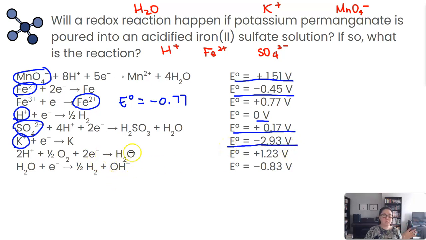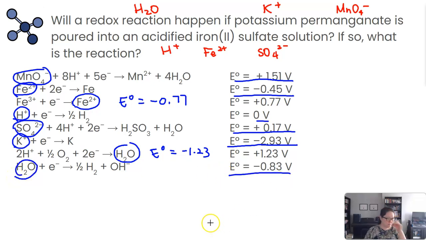The next two are for water, and your water is on the right, so we're actually looking at an E naught value of negative 1.23. And for this one, we are looking at water as well, but it is as written, and so we have this particular reaction.